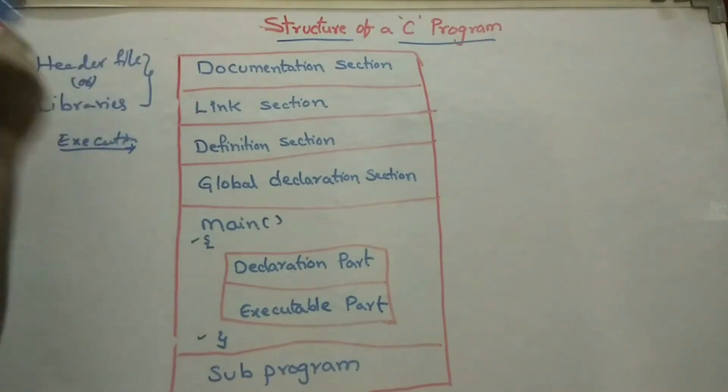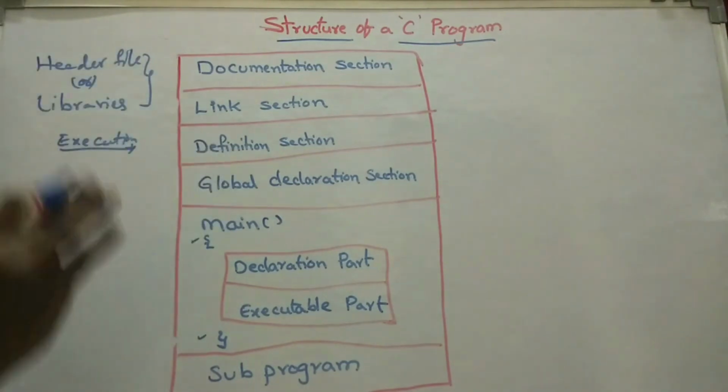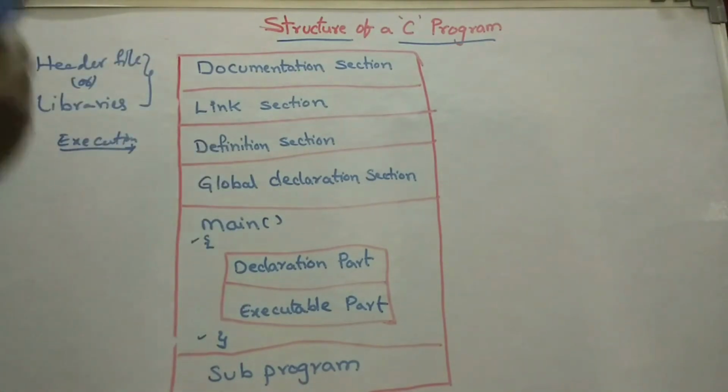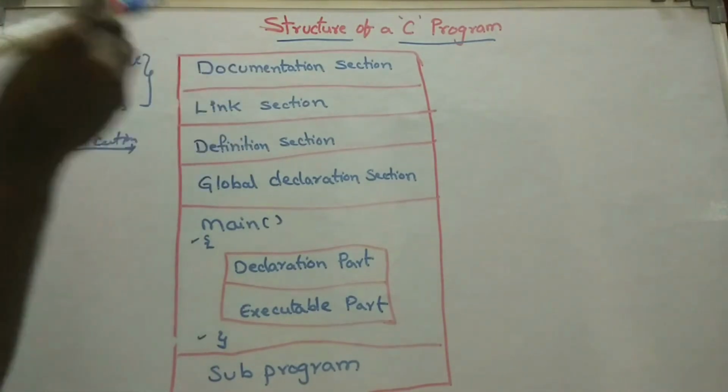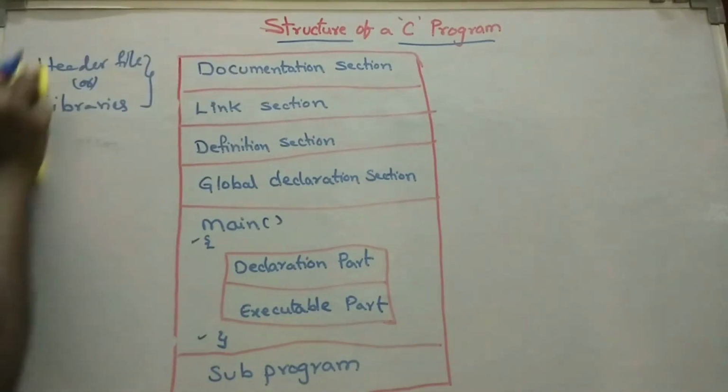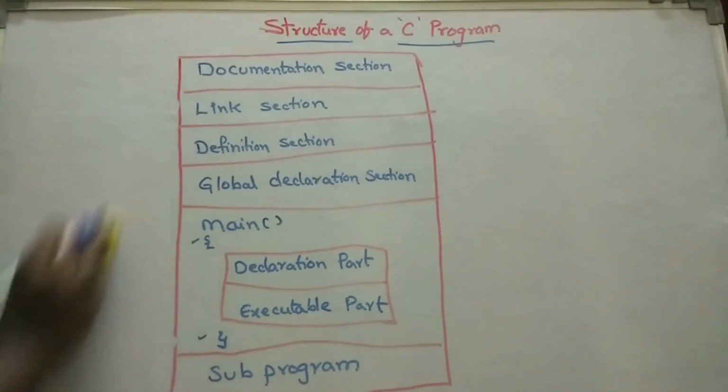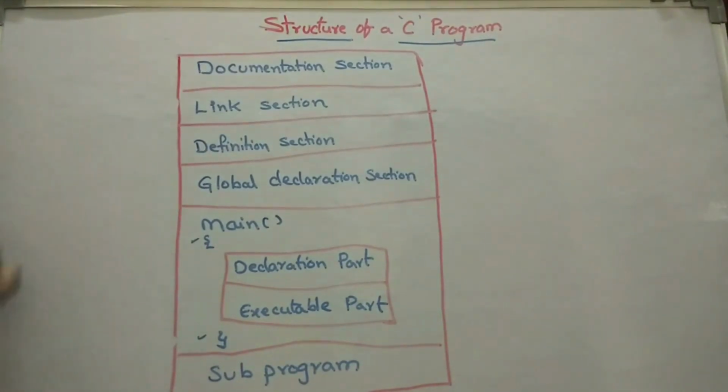All the header files and libraries are available in your environment, that is the software, right? Whatever header files are available in that environment software, those can be included in your own program. How can we include those header files in your program?